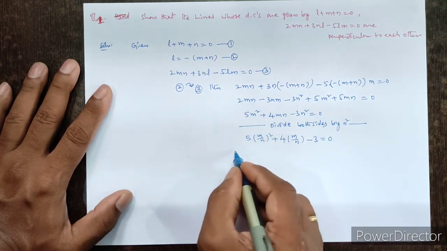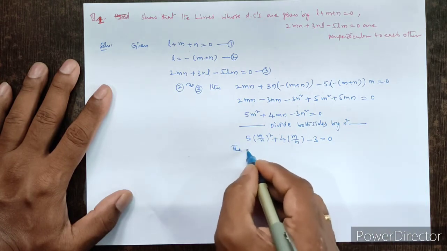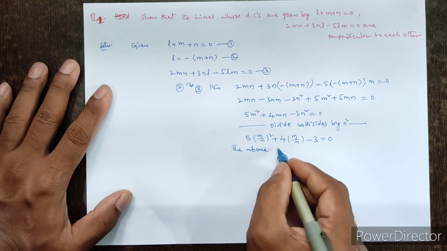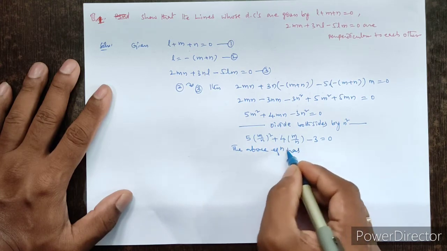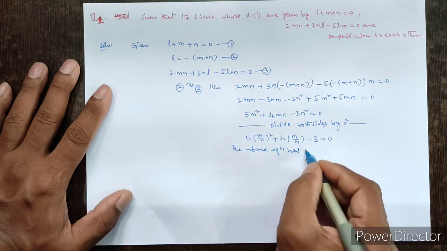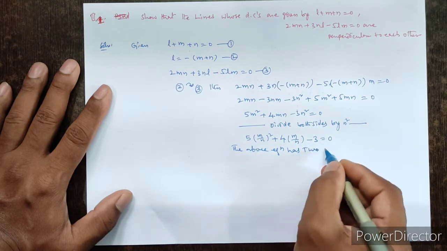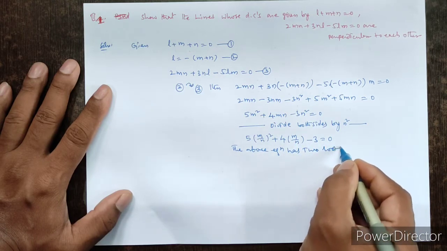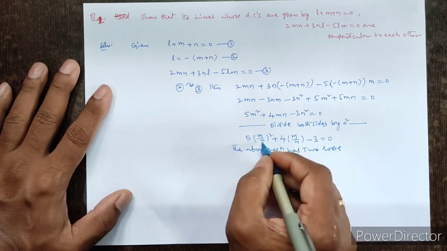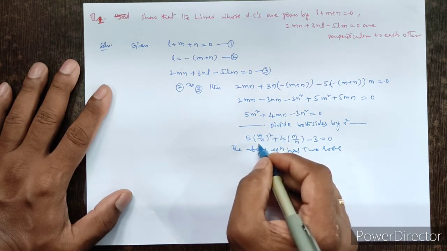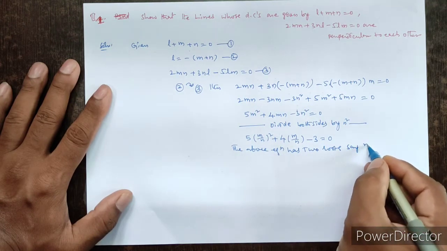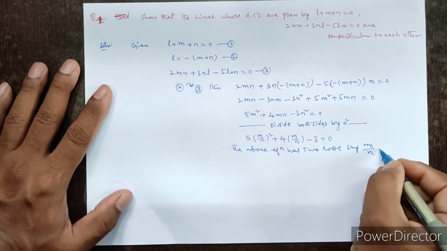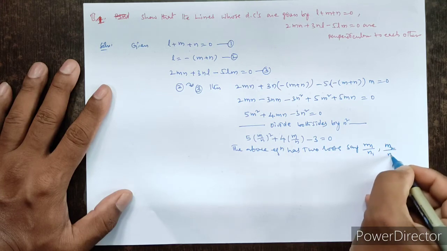So this above equation is a quadratic equation, therefore it has two roots. Of course, this is the quadratic equation in m by n. So the roots are say m1 by n1, m2 by n2.